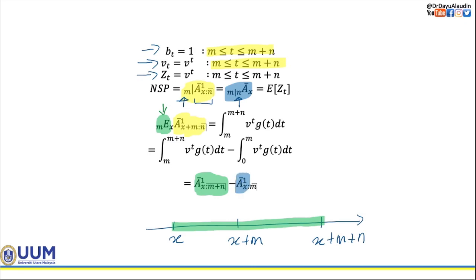This is for the term insurance for M years, meaning that the insured must die between X and X plus M to get the benefit. Therefore, from X to X plus M plus N, minus X to X plus M. So the rest is from X plus M to X plus M plus N.